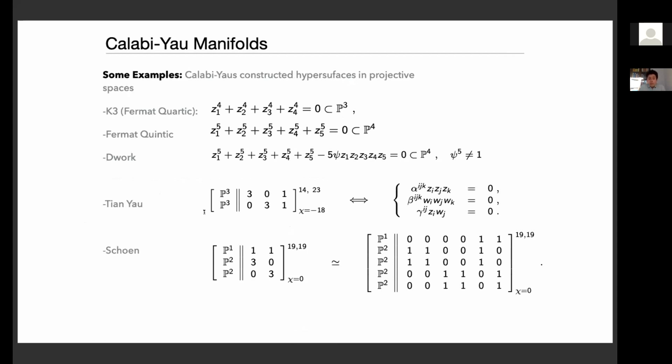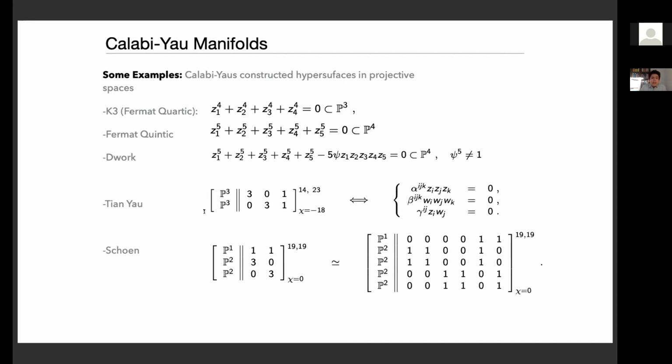So the simplest case is to take a weighted projective space and cut the Calabi-Yau by a hypersurface of an adequate degree. So if you take P3 and you cut a quartic polynomial on it, then you get a K3 surface.